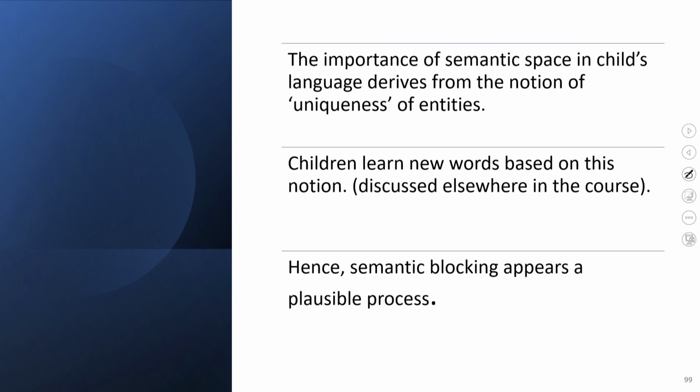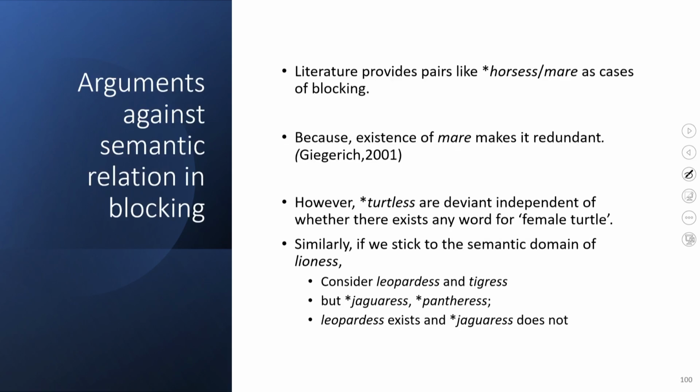We have discussed this in another module, so I am not getting into the detail here. The idea of semantic space is very important as far as child language acquisition goes. You cannot have too many words competing in that space. That is why uniqueness is crucial, and as a result semantic blocking appears to be a plausible situation.